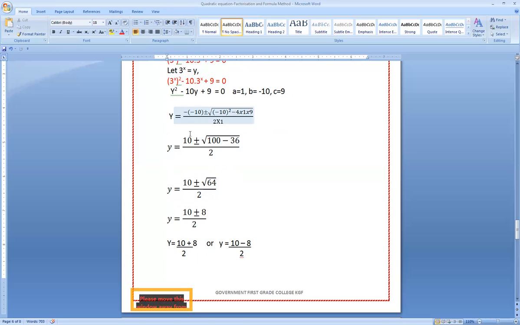Now y equals minus into minus becomes plus, 10 plus or minus root of 100 minus 4 nines are 36, divided by 2. Y equals 10 plus or minus root of 100 minus 36 is 64, divided by 2.